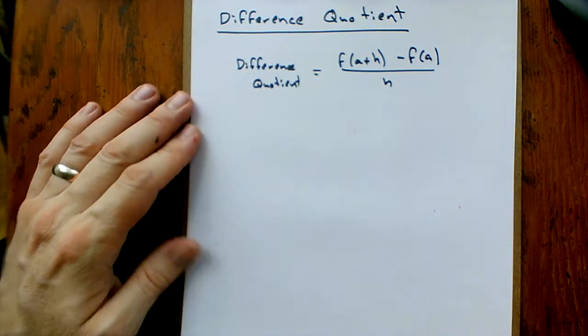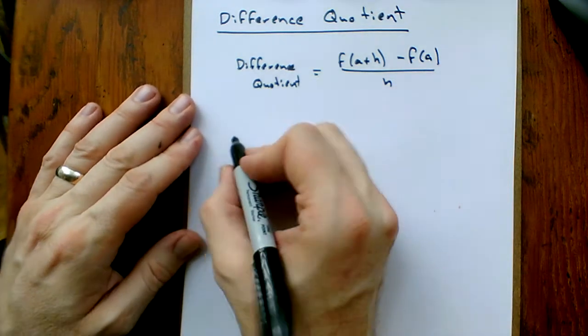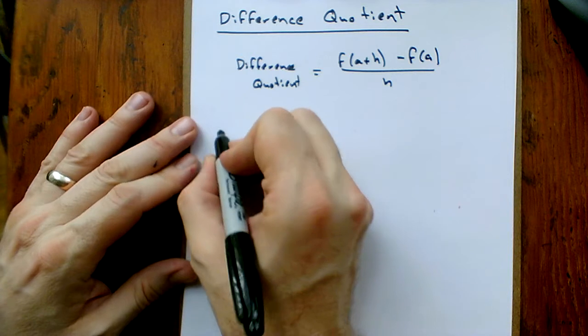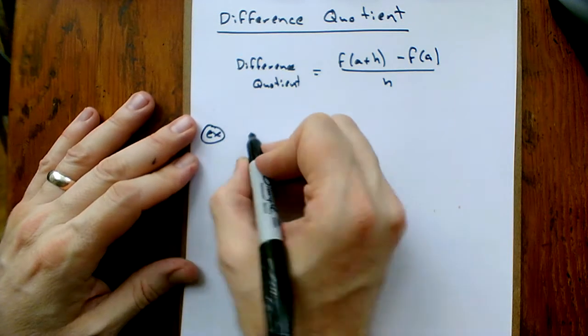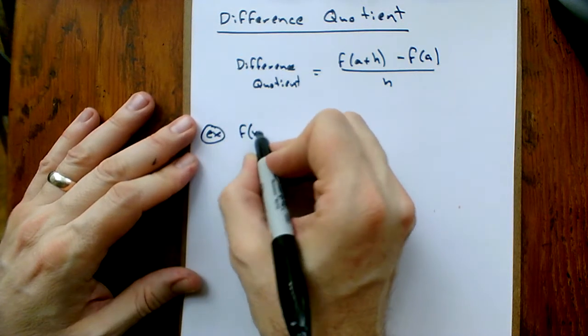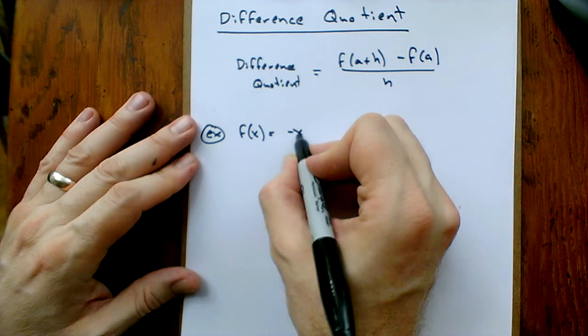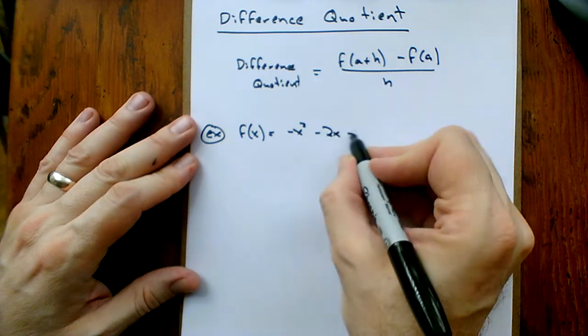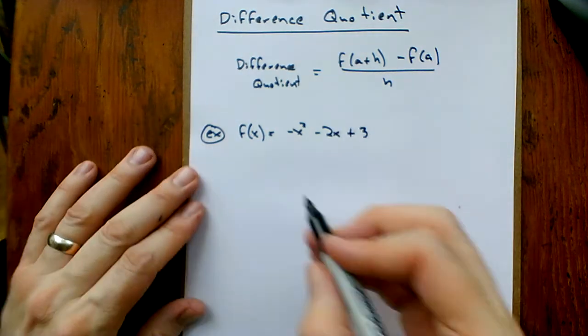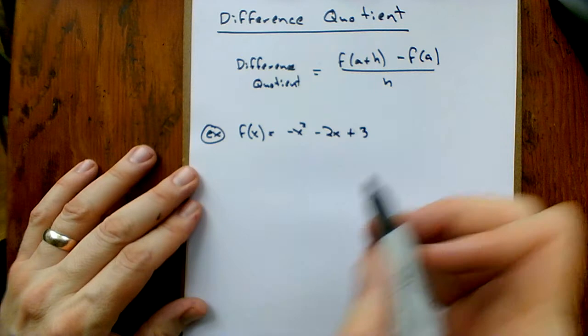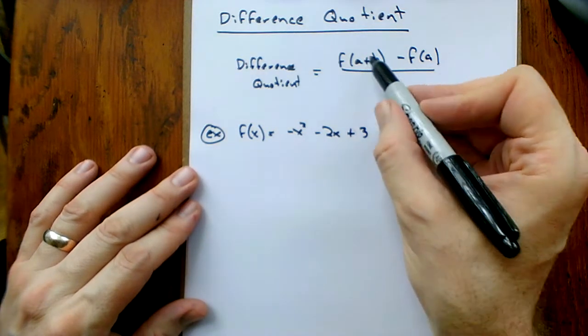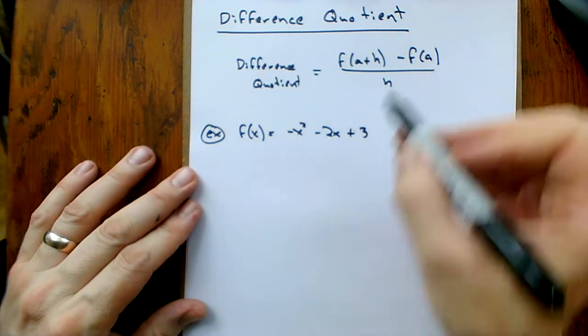Now, for our given thing, I did have a function in mind. So for our example here, we had our function f of x is equal to negative x squared minus 2x plus 3. So when we think about this, we're going to figure out what our f of a plus h is, and then what our f of a is.